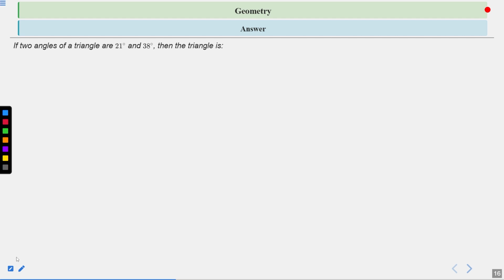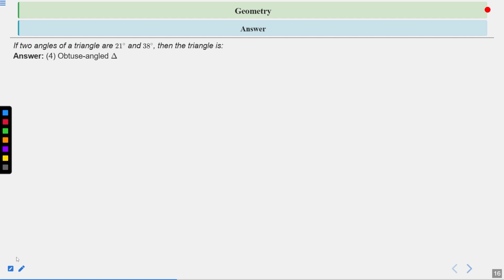If all the angles are less than 90, then the triangle is an acute angle triangle. And if one angle of the triangle is 90, then the triangle is a right angle triangle. We can clearly see that in this question, two angles are less than 90, so one angle will be more than 90. So this triangle will be an obtuse angle triangle.